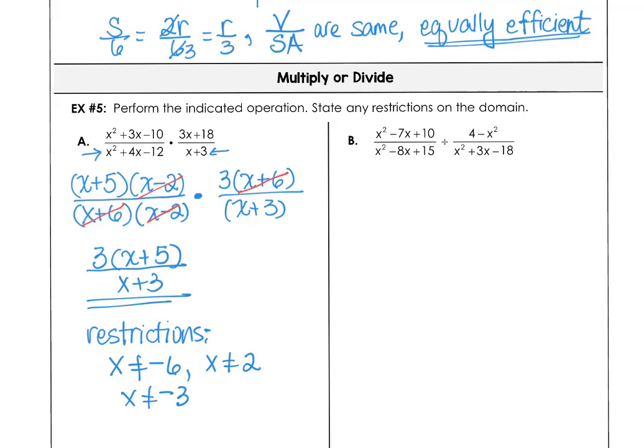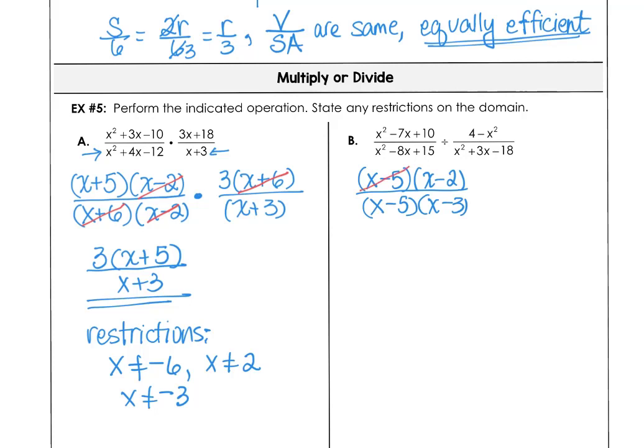In 5b, we've got a division problem, so we want all of the restrictions to come from this fraction and this denominator. So that's where our restrictions are coming from. Just keep that in mind as we work. Numerator factors to be x minus 5 times x minus 2 divided by x minus 5 times x minus 3.